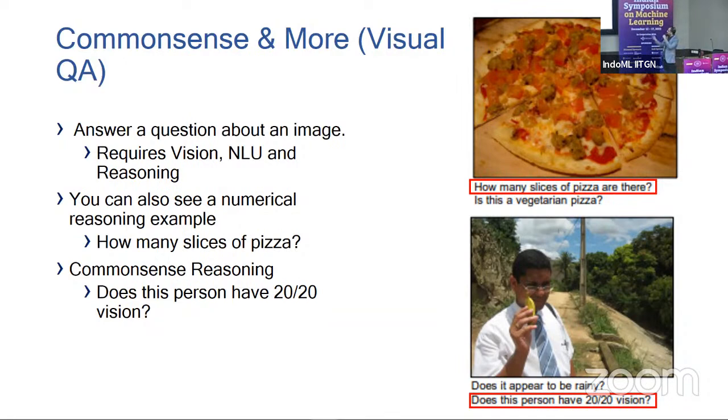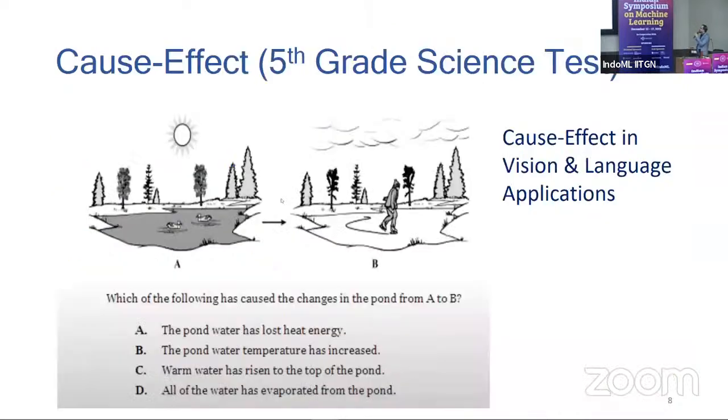Similarly, another numeric example on top where you have a pizza and you have to detect how many slices of pizza are there. So this is the reason to look at these reasoning dimensions, because they cut across all modalities, however the input is presented. If it is speech, images, videos, however it is, right?